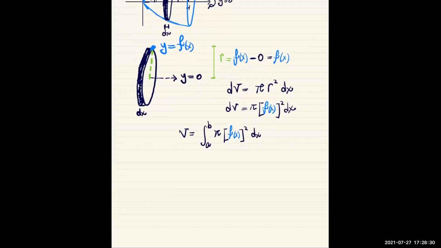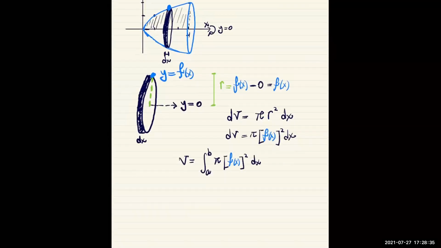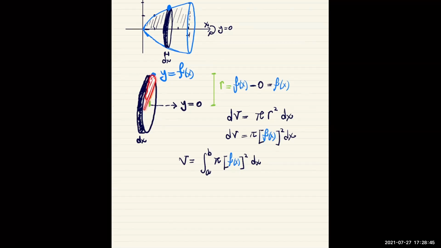You can take the pi out because pi is a constant, but this is called volume using the disk method. Why is it called the disk method? Because the surface of this cylinder is just a disk.